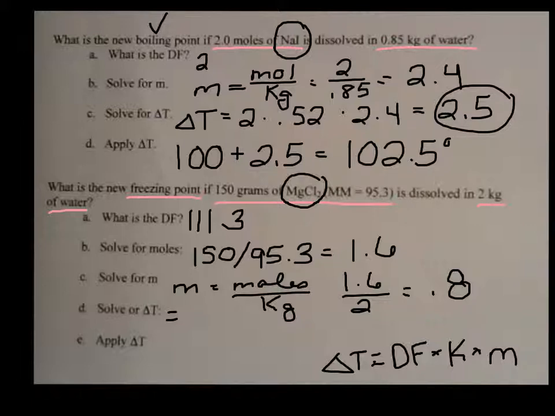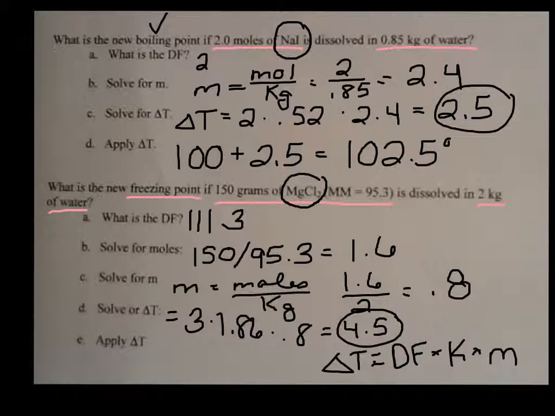We have a dispersion factor of 3, freezing point constant, 1.86, and molality, 0.8. 3 times 1.86 times 0.8 equals 4.5. That's how much our temperature is going to change.